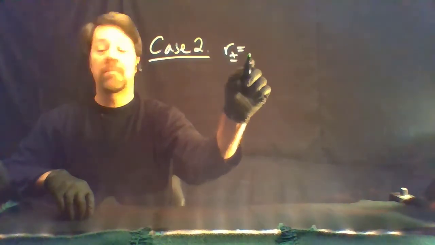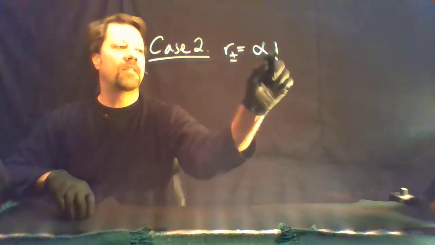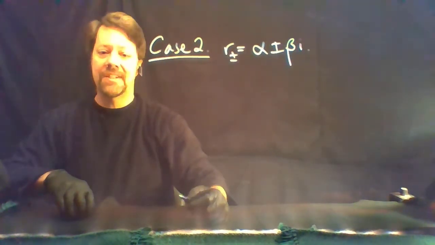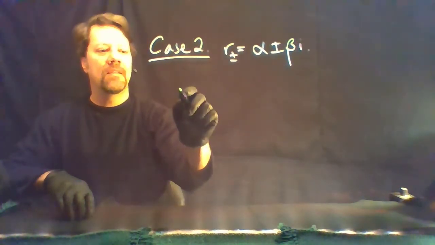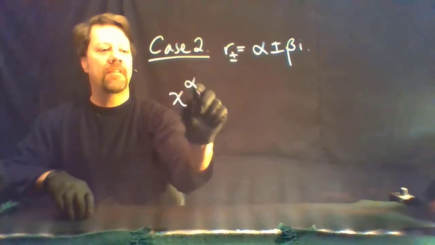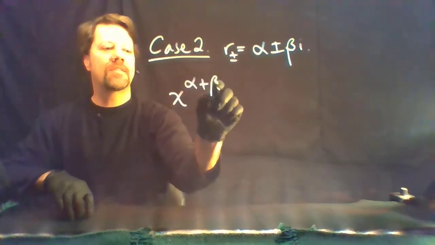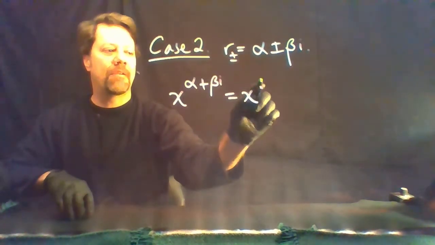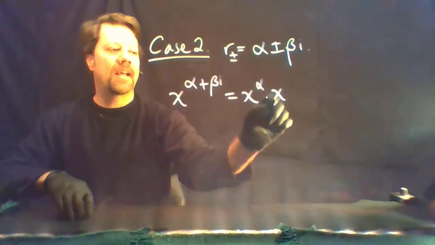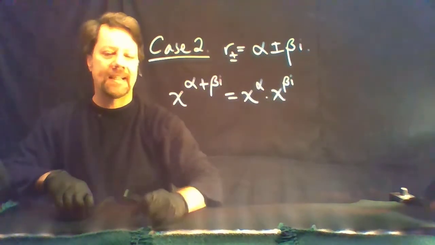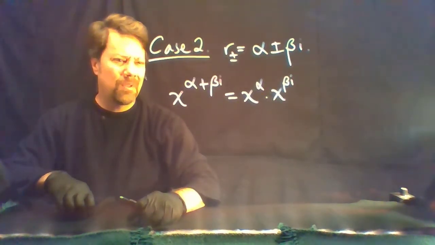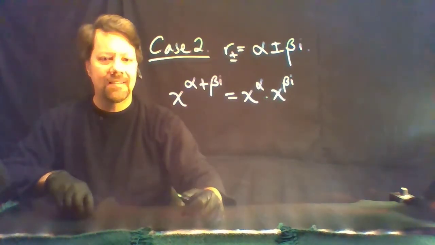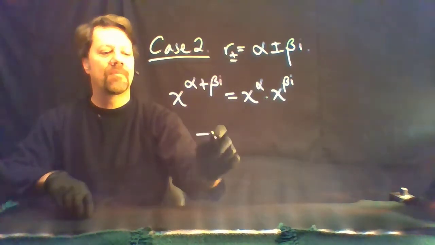we have r equals alpha plus or minus beta i, where i is the imaginary unit. If I have x to the power alpha plus beta i, we can express that as x to the power alpha times x to the power beta i. So x to the power alpha is no problem. What is x to the power beta i?